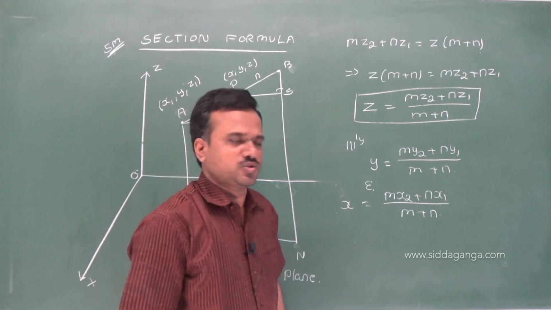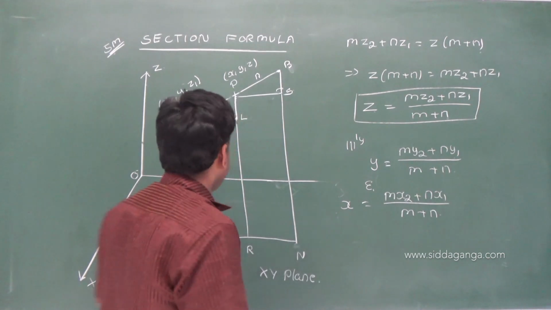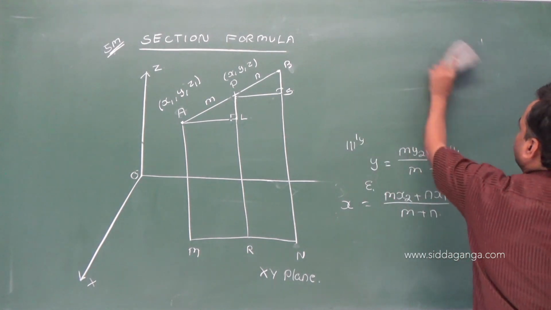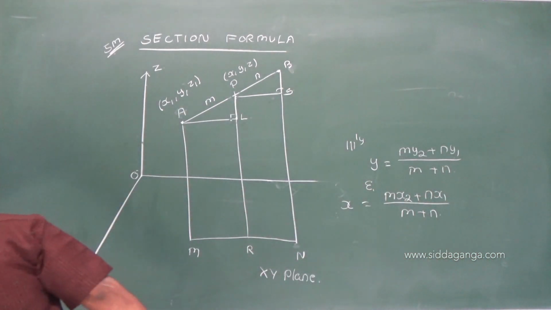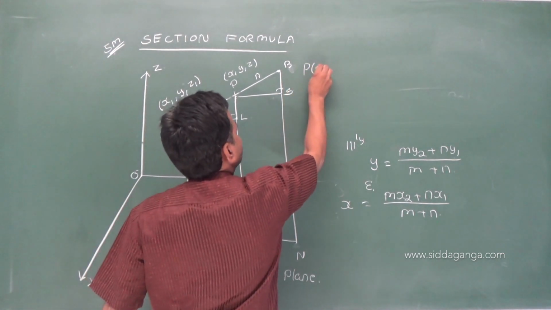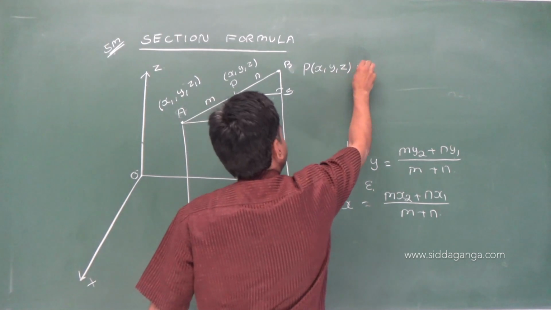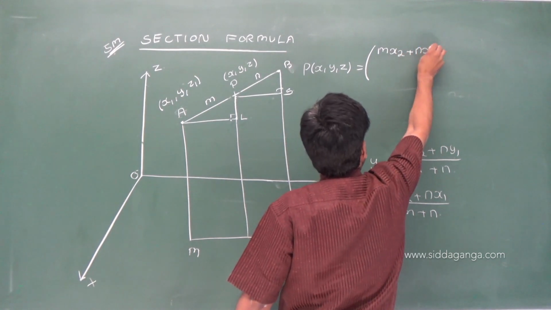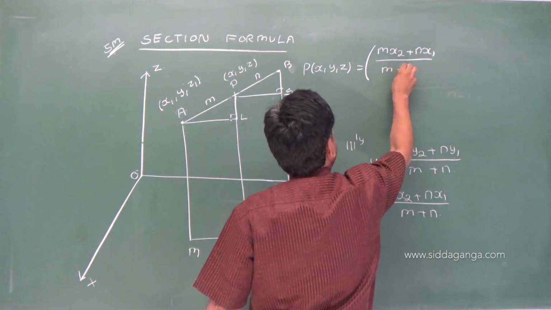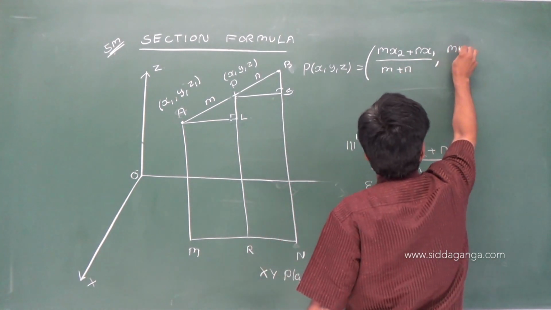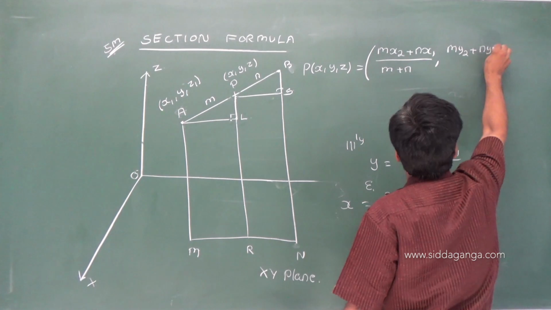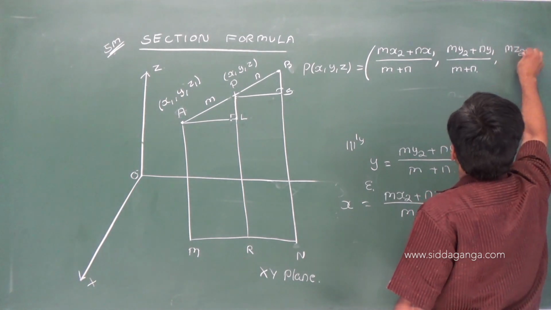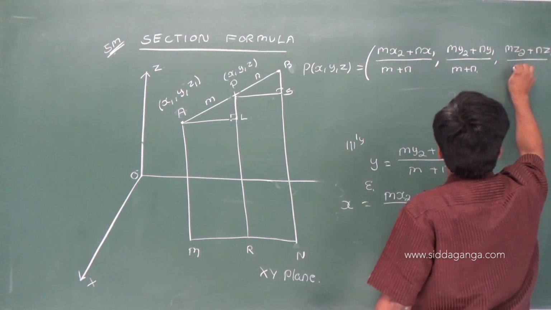That implies, the coordinates we write once completely, P of x comma y comma z is equal to mx2 plus nx1 divided by m plus n, my2 plus ny1 divided by m plus n, mz2 plus nz1 divided by m plus n.